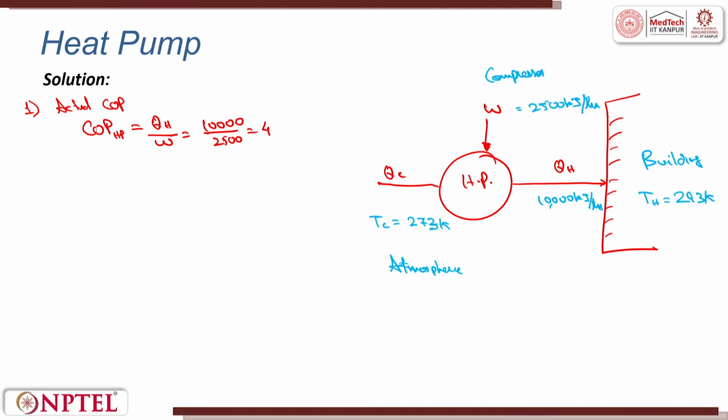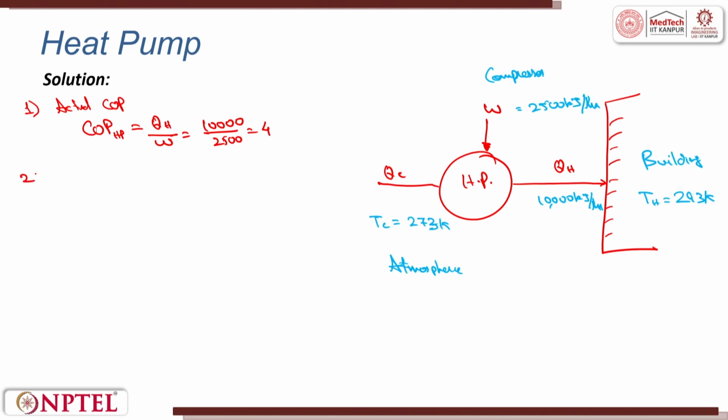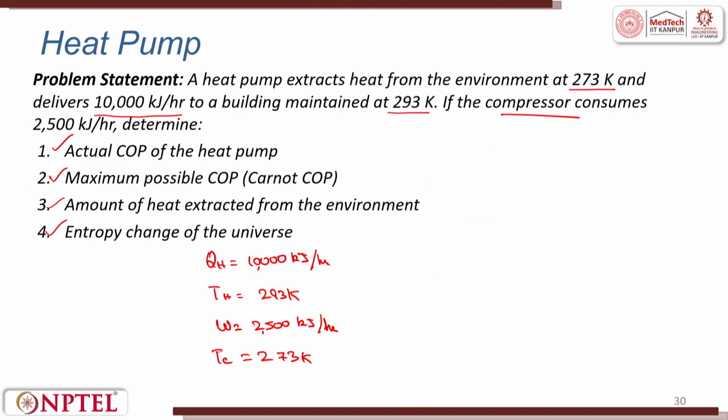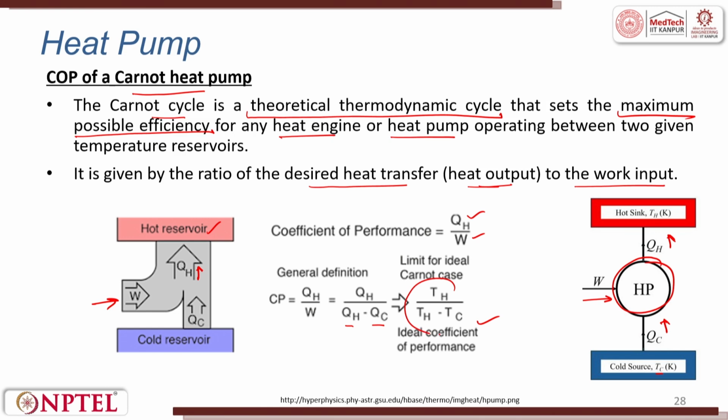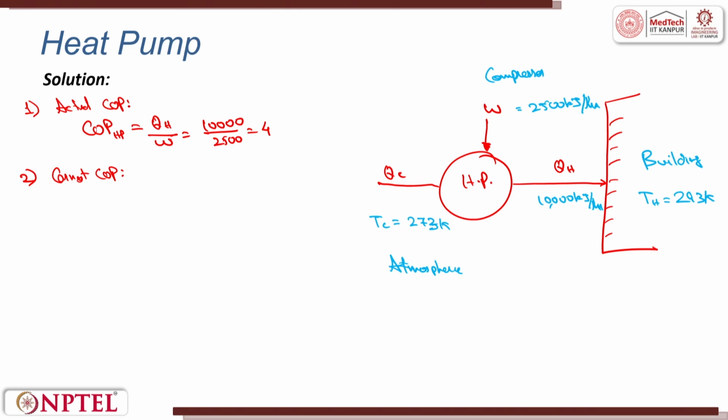Then it has asked for the Carnot COP, that is the maximum possible COP. To recall, this is given by the relation TH by TH minus TC, that is the coefficient of performance for the heat pump, maximum, equal to TH by TH minus TC.